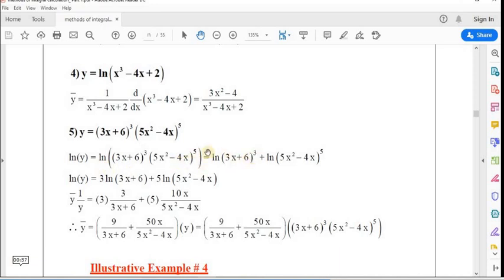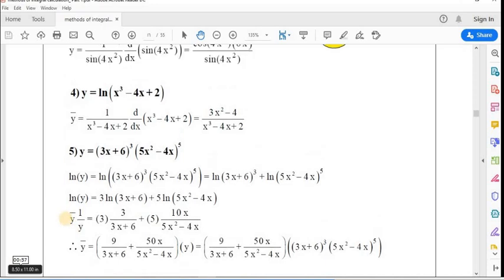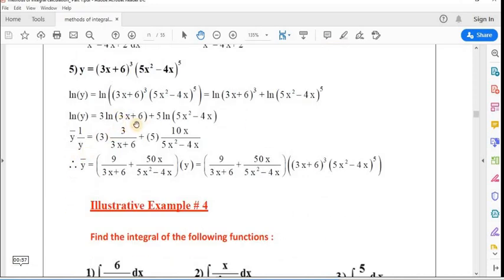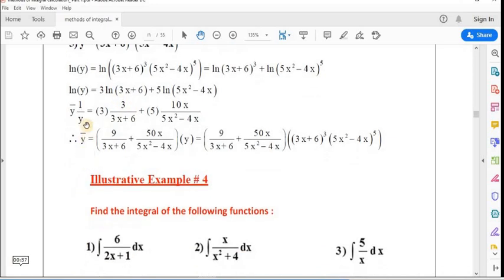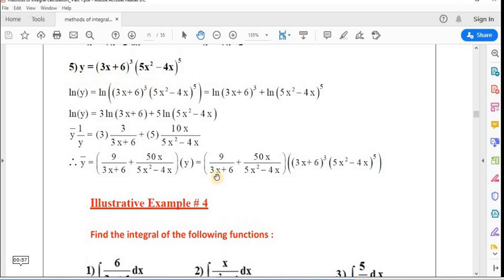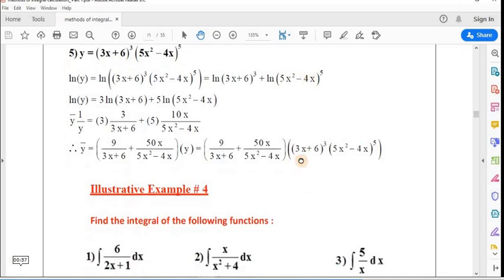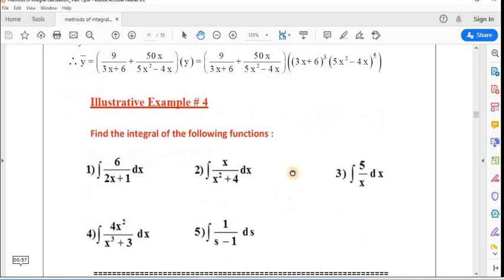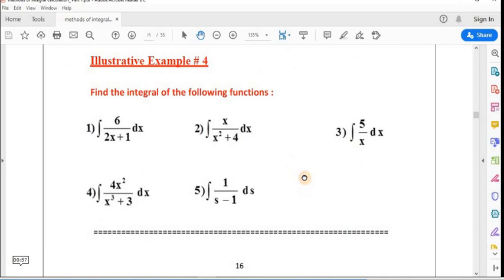We will take the exponent outside, and later we will take y' multiplied by 1 over y, and take the derivative of the ln. It will be g' by g(x), and later we will multiply by y and substitute the y value. We keep this part as it is and put in this y value, just normal substitution.